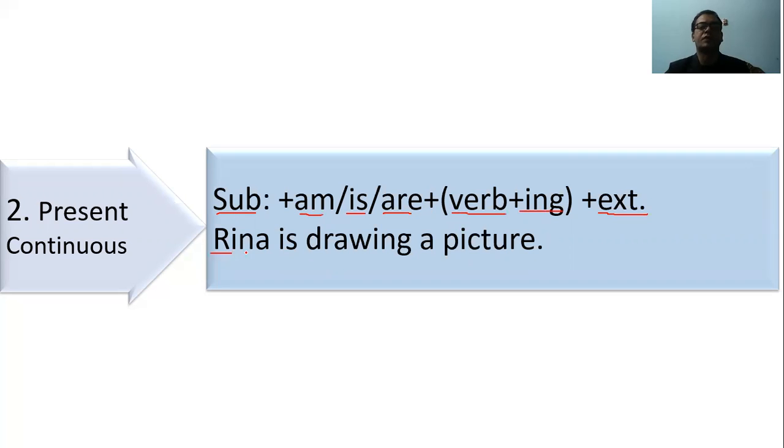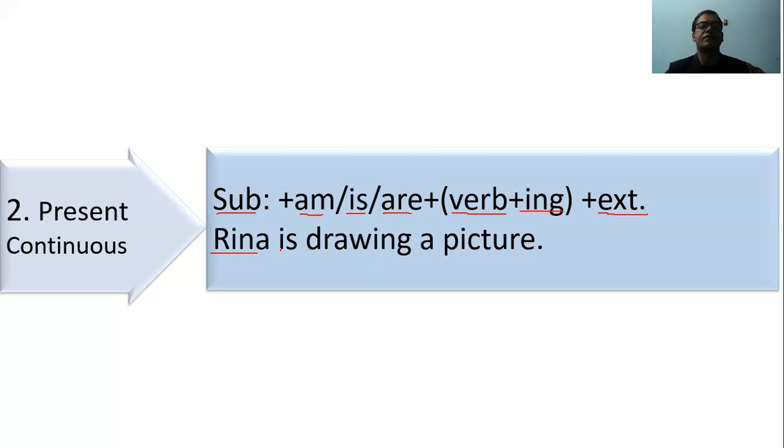Rina is the subject. Rina is third person singular number, that's why you have to use is. If the subject is third person singular number, you have to use is. If the subject is first person, you have to use am.